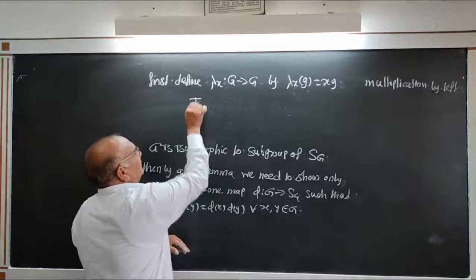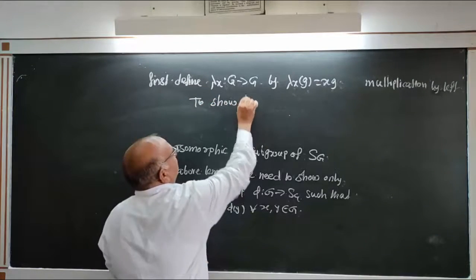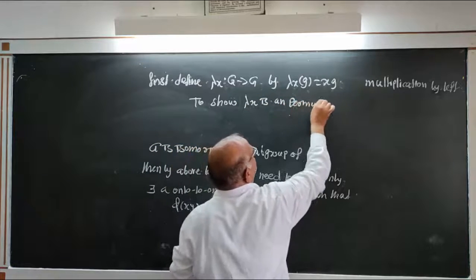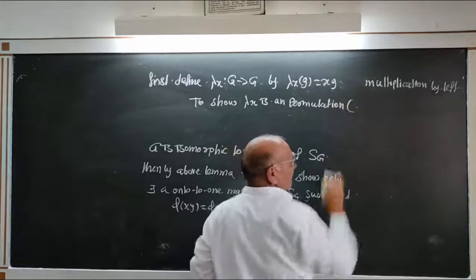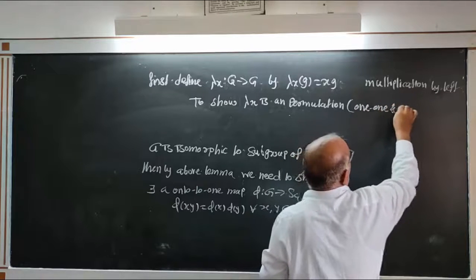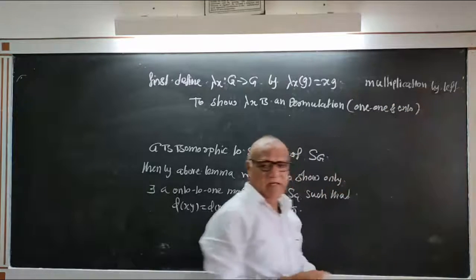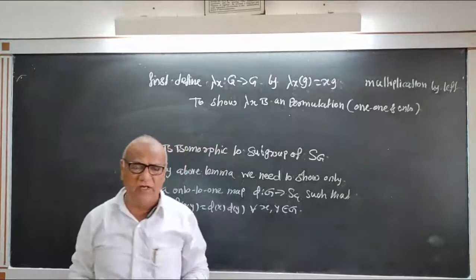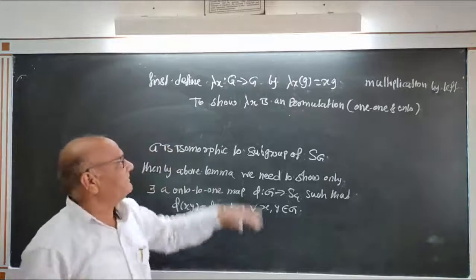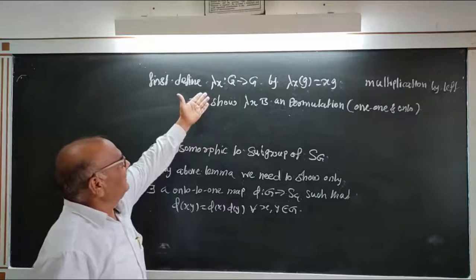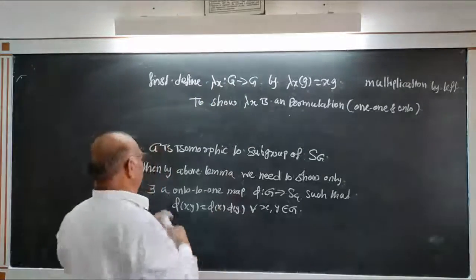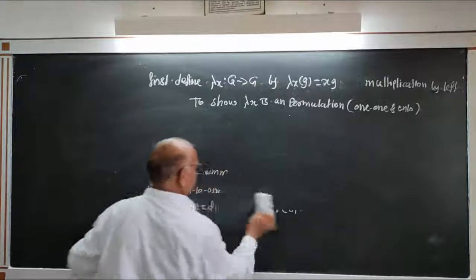To show lambda_x is a permutation, that means it is 1-1 and onto. Any map from G to G, if it is 1-1 and onto, is a permutation. So this function is 1-1 and onto, which means a permutation.